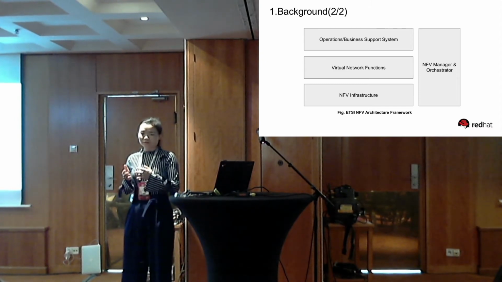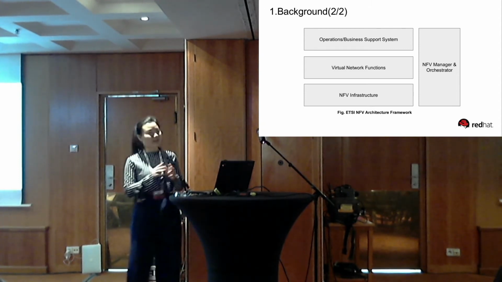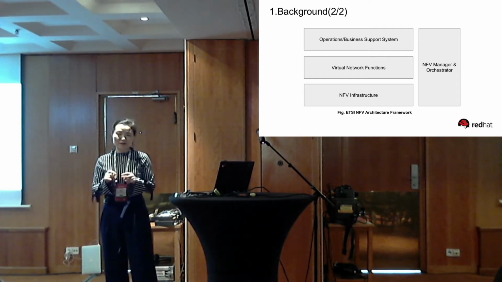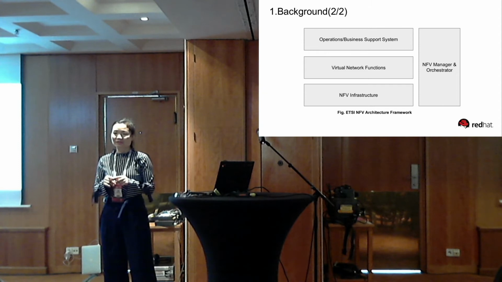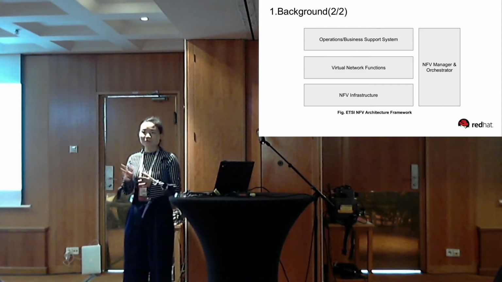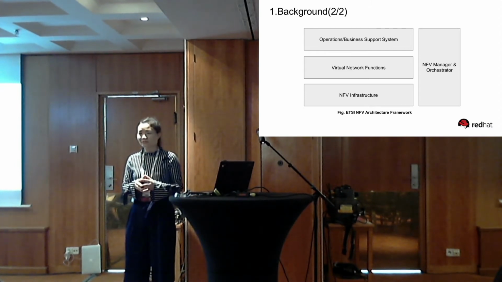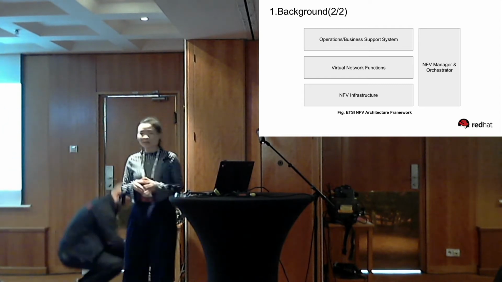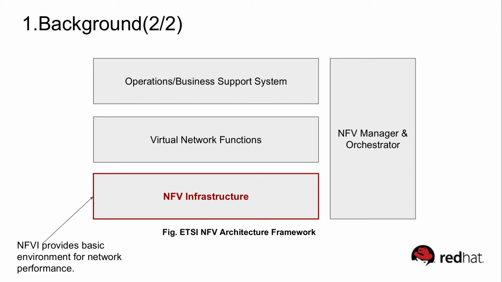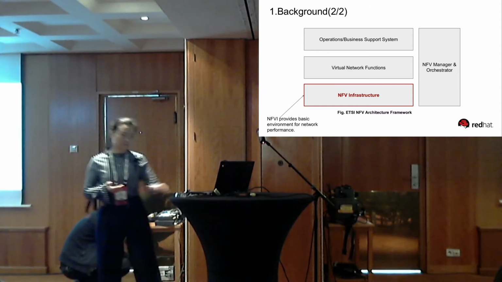So when replacing the hardware with software, the network performance should also be ensured. So that's why the virtual machines should be able to provide good basic network performance. This is what we are talking about, providing good network performance in the NFV infrastructure.